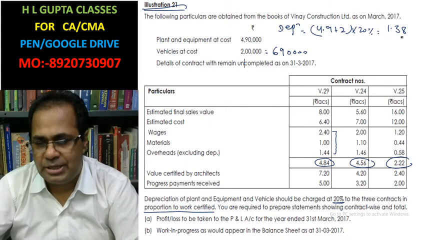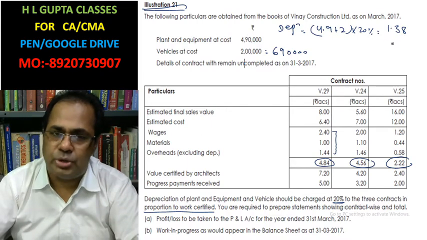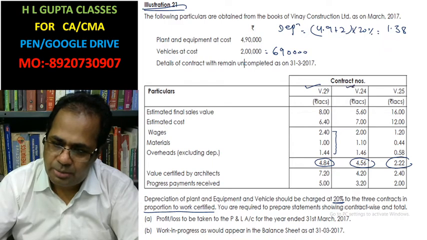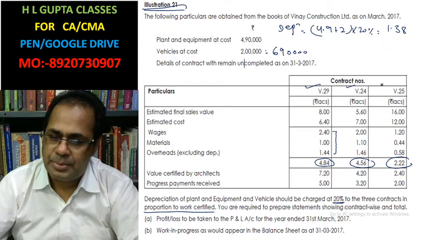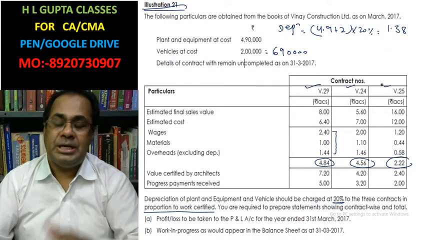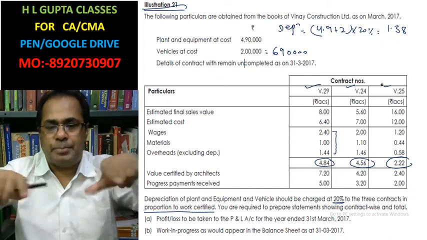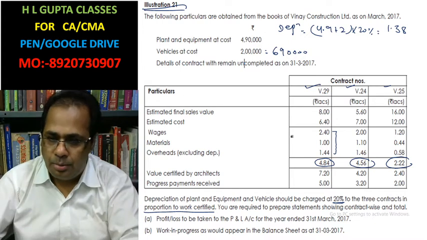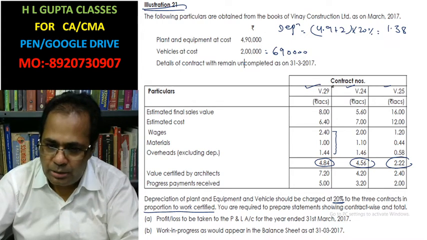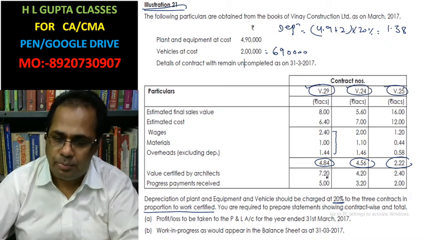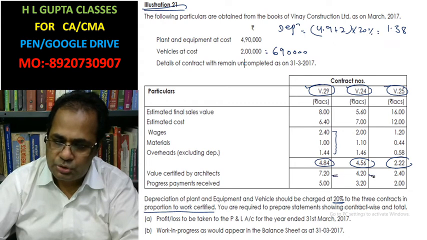This 1.38 is distributed. This is the combined depreciation for contract B29, for contract B24, and for B25. This depreciation is apportioned among B29, B24, B25 in the proportion of work satisfied.